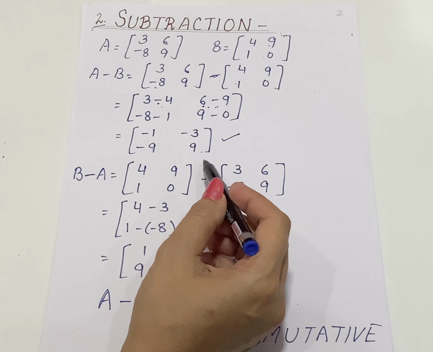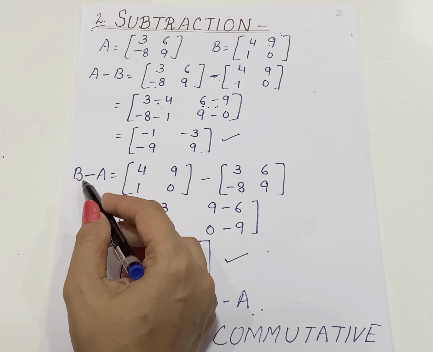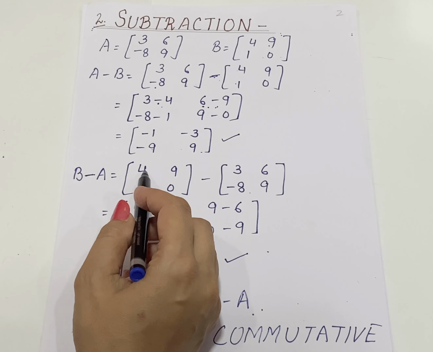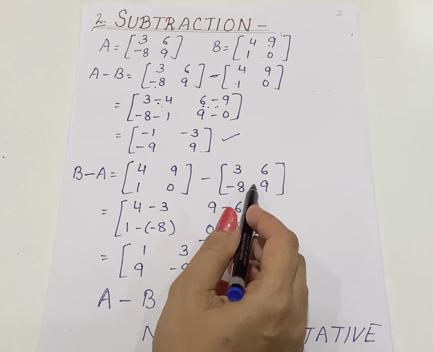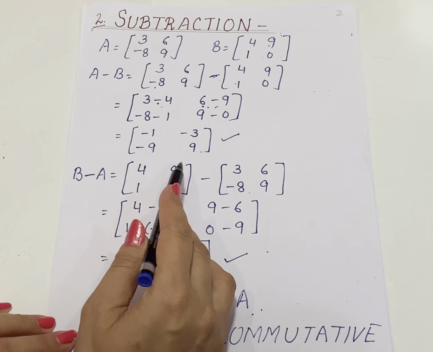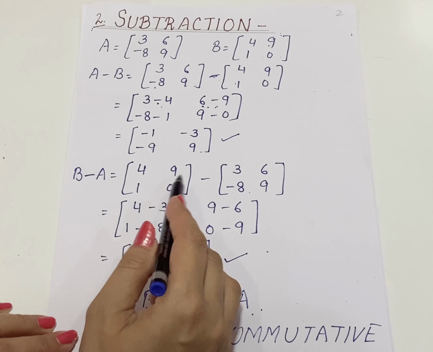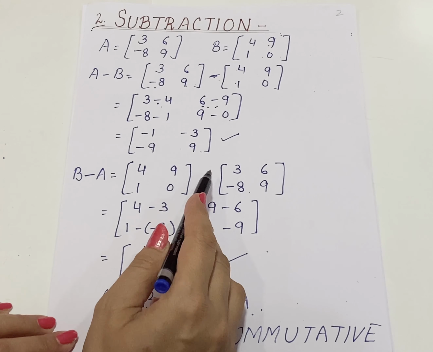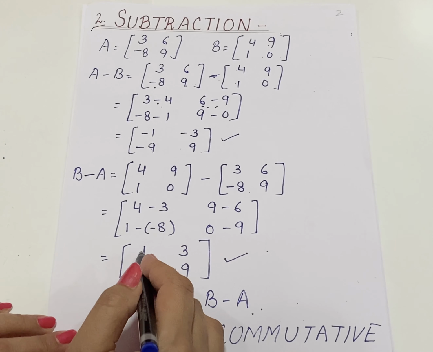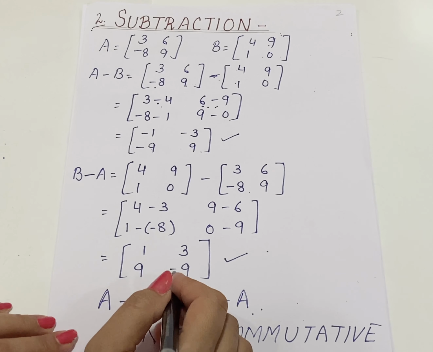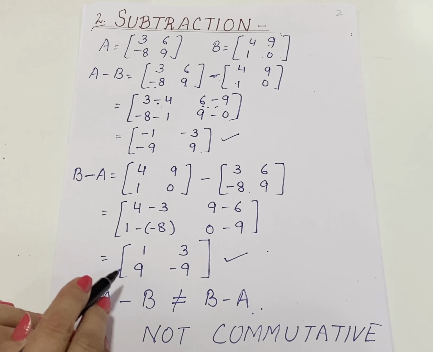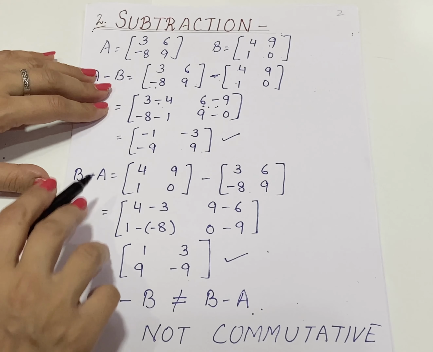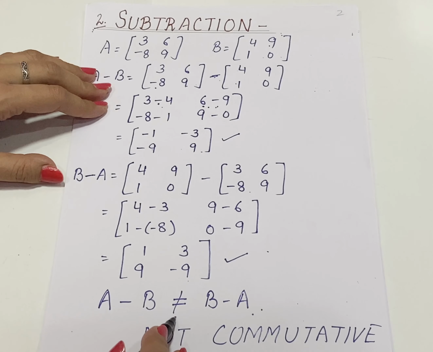Now let us calculate B minus A also. In this case, first we are going to write the matrix B and then matrix A. And it will be 4 minus 3, 9 minus 6, 1 minus of minus 8, 0 minus 9. And it comes out to be 1, 3, 9 and minus 9. Now if you compare the matrix A minus B and B minus A, you can see that both the matrices are not equal.